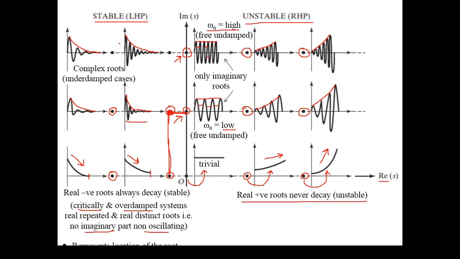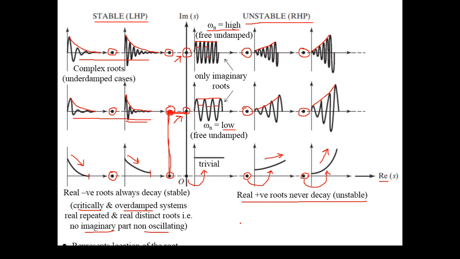The imaginary part signifies the fact that they are oscillating in nature. Again, the frequency is lower for these responses and higher for these responses, because these roots have larger imaginary parts compared to these roots plotted here.